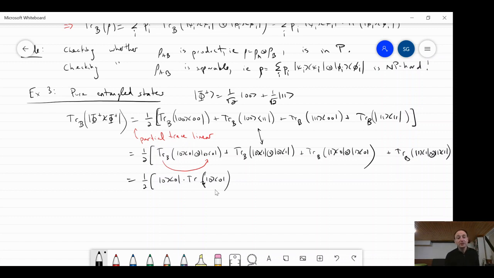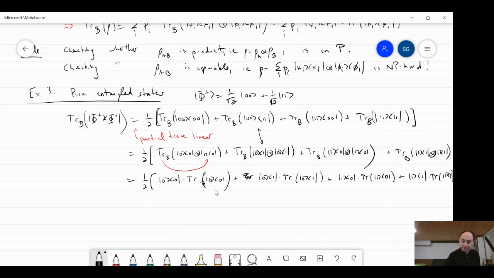That's just going to be 1. Then |0><1| times the trace of |0><1| on the right, plus |1><0| times the trace of |1><0|, plus |1><1| times the trace of |1><1|.